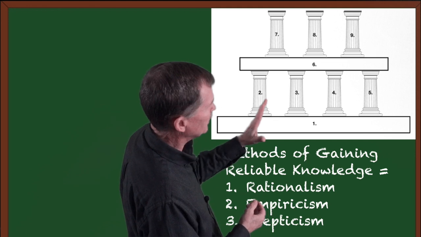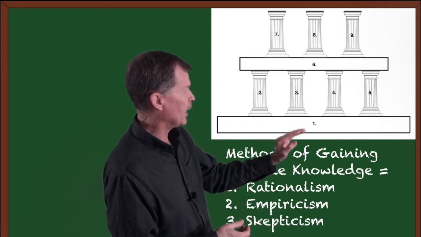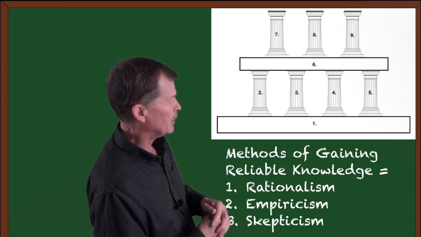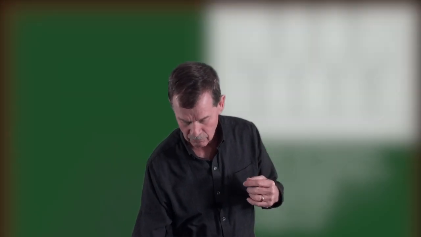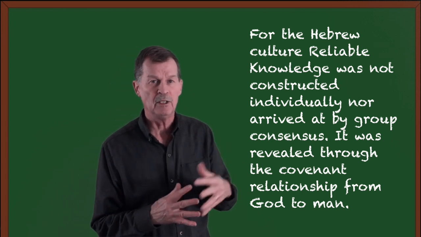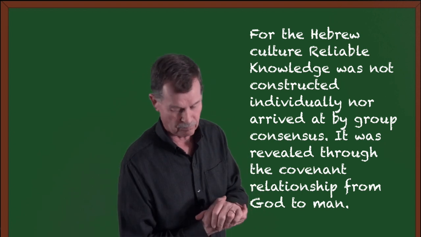So that's what we're going to look at. In the Western house, the methods of gaining reliable knowledge were rationalism, empiricism, and skepticism. Are those 3 methods still applicable for this house that we're erecting based on the Hebrew culture?